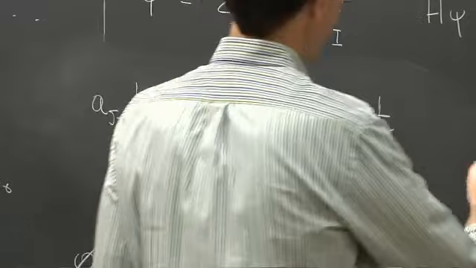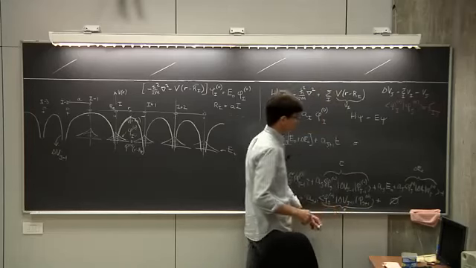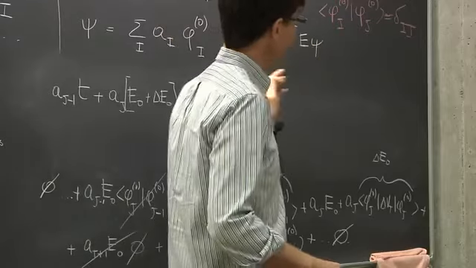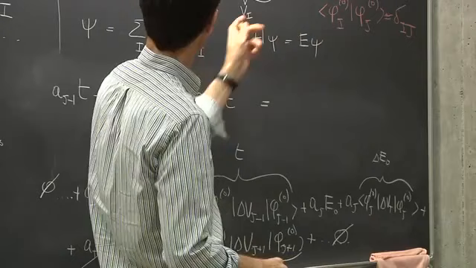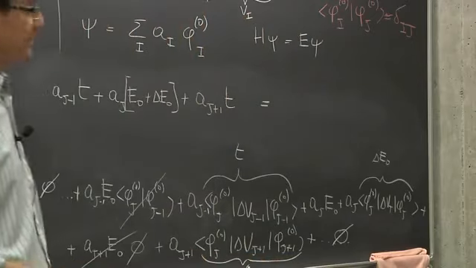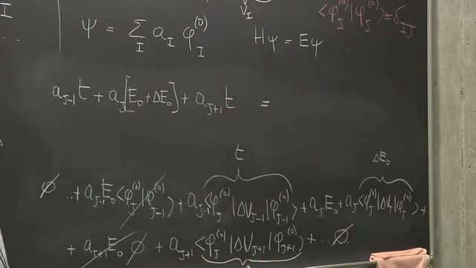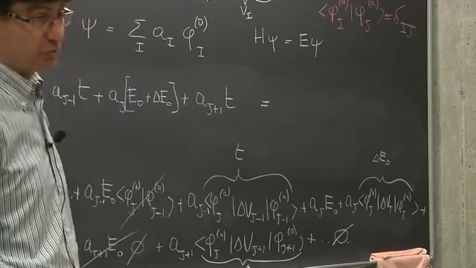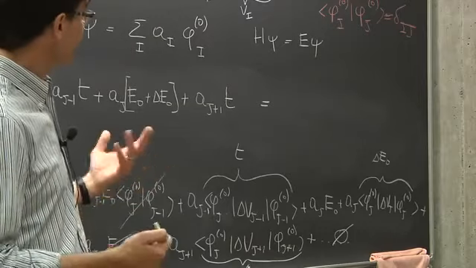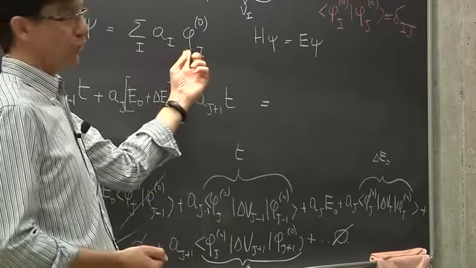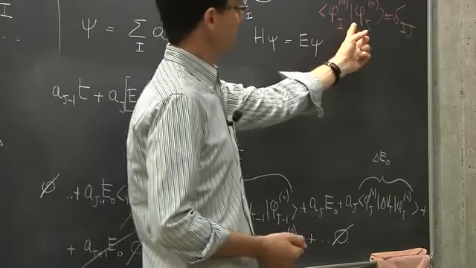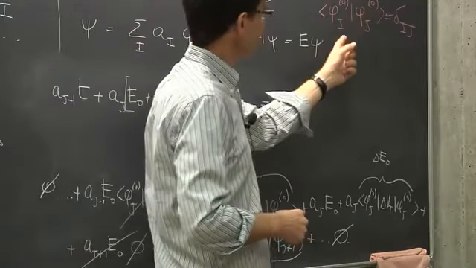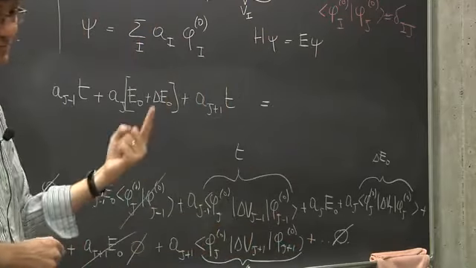Now it's time to look at the right-hand side. Let me just remind you what the right side was. It was E times the series of the wave function, so the sum over all the a i phi i. And remember, I have to project also the right-hand side of the function onto phi j. But if I project phi j onto the sum of all my phi's, it's simple, because I can just use the orthogonality. I can just use this statement here to just select phi j.